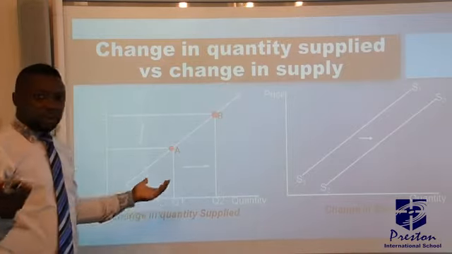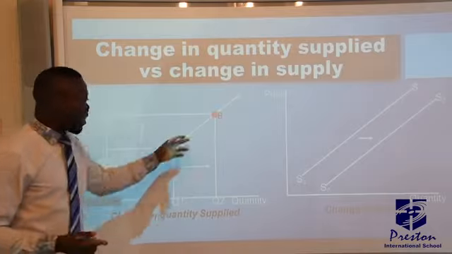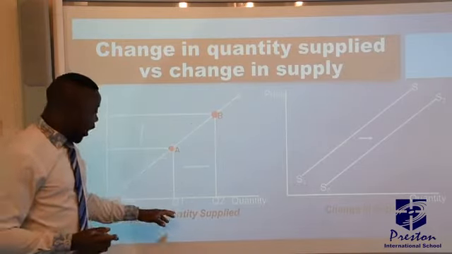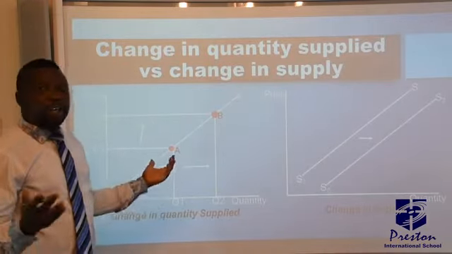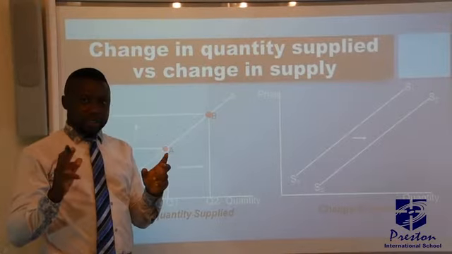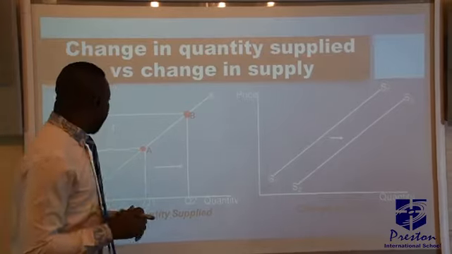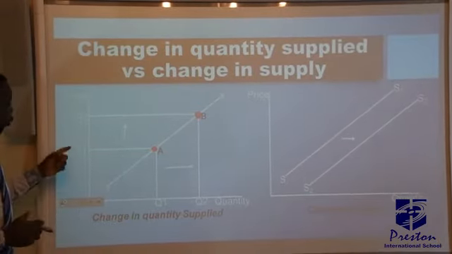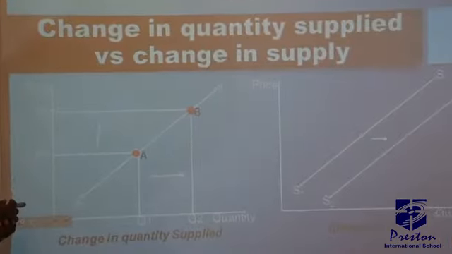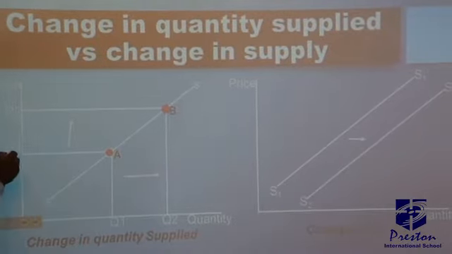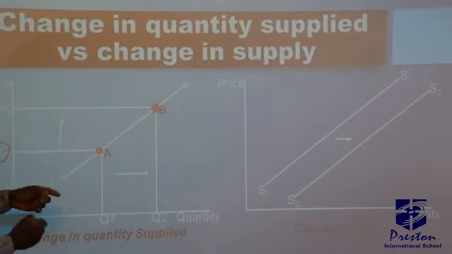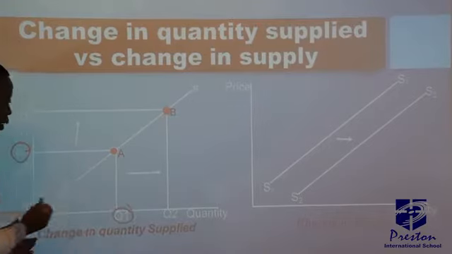What is change in quantity supplied? Is the movement along the same supply curve as a result of a change in price of the commodity. Please pay attention to that, price of the commodity. If you look at the board, you will discover that when the price was P1, the producer is supplying Q1.